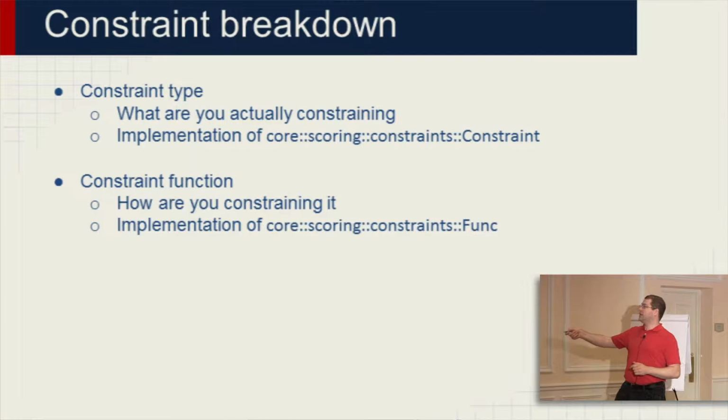These two separate portions of the constraints are represented in two different classes. The constraint type is a core scoring constraints Constraint class, and then how you actually convert that measurement into an actual energy value is implemented by a constraint Func, which is in core scoring constraints func.